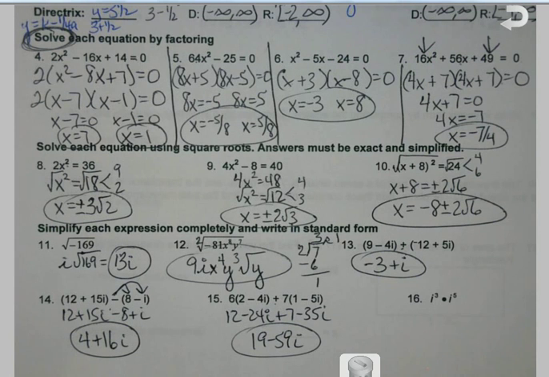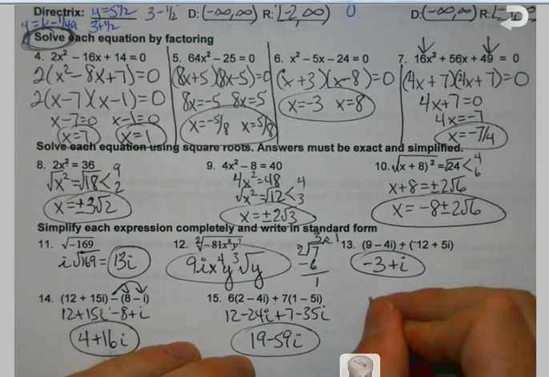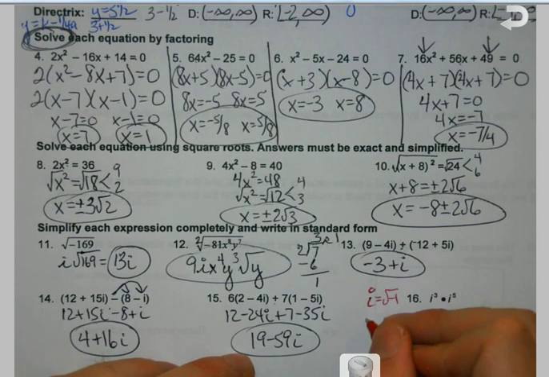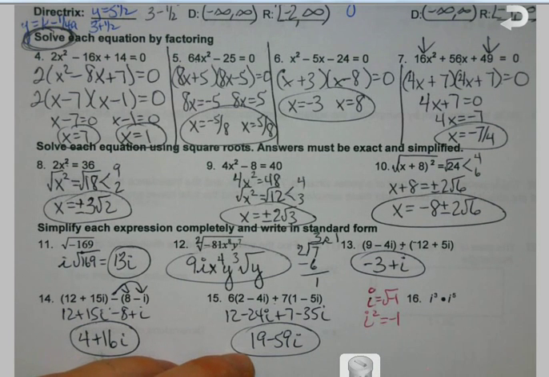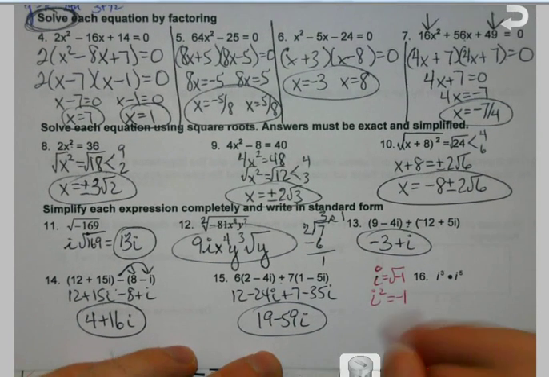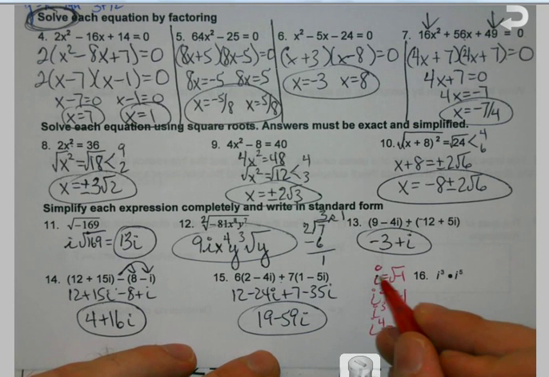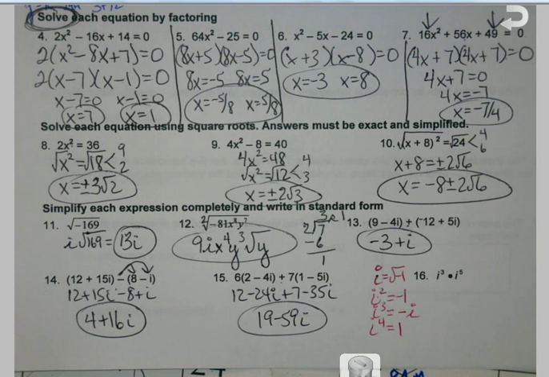Now then 16. Again, I got to rewind myself here for a minute. I got to remember about my i's. Well, I know that i is the square root of negative 1. And I know that i squared, if I were to square a radical, just leaves me what's underneath. And I also know that i to the 4th would just be squared times squared, so that would be positive 1. And then i to the 3rd is just i times i squared, which would give me a negative i, or a negative square root of negative 1.